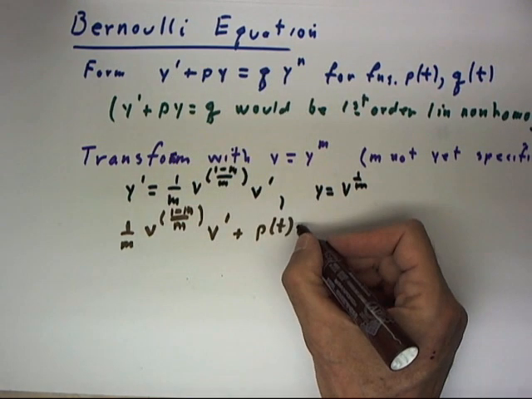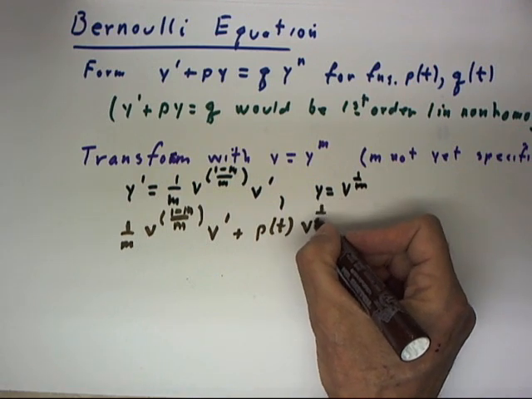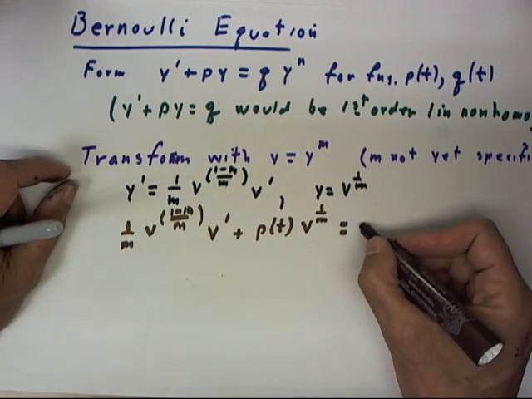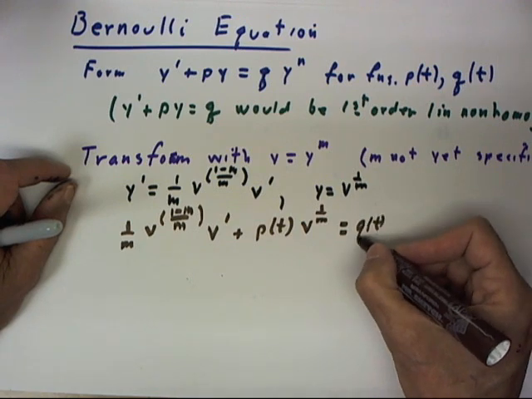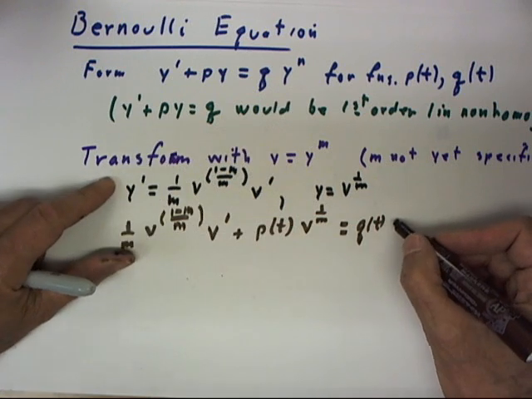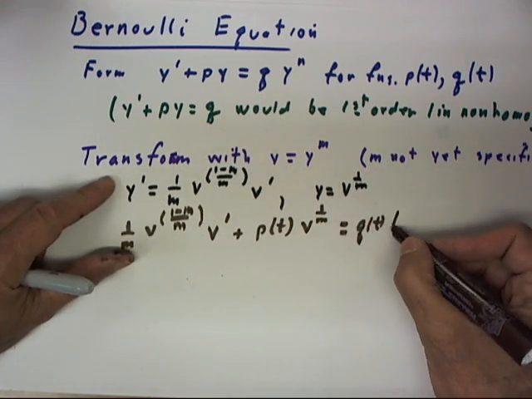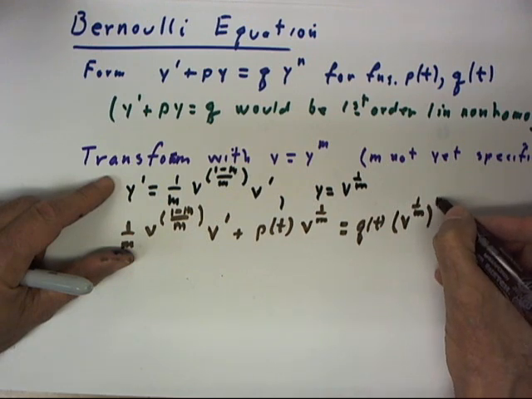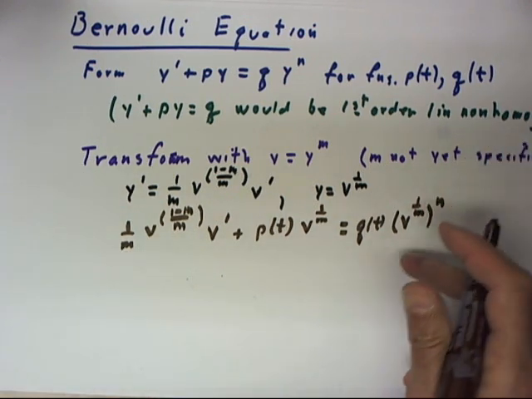Y is v to the 1 over m, and that'll be equal to q of t multiplied by y to the n. Y is v to the 1 over m, so this is v to the 1 over m raised to the n, which is of course v to the n over m.